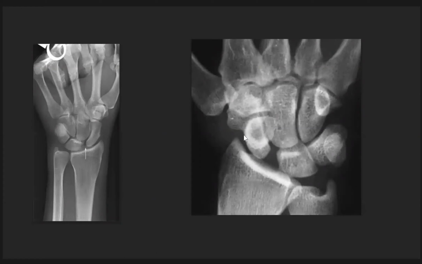Here is another patient with cortical ring sign due to malalignment of the scaphoid, and also we have a gap between the scaphoid and lunate of more than 3 to 5 millimeters.